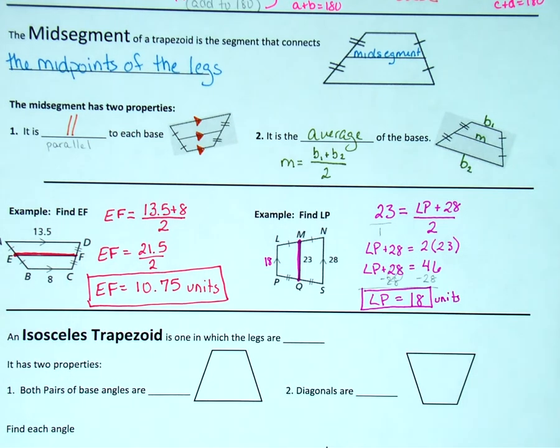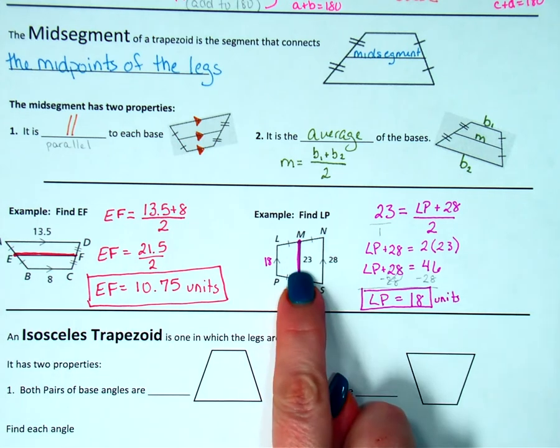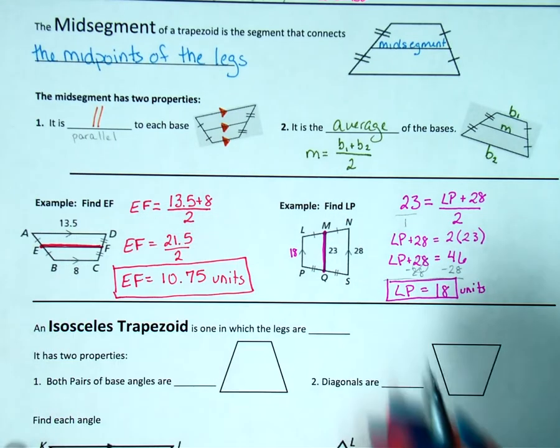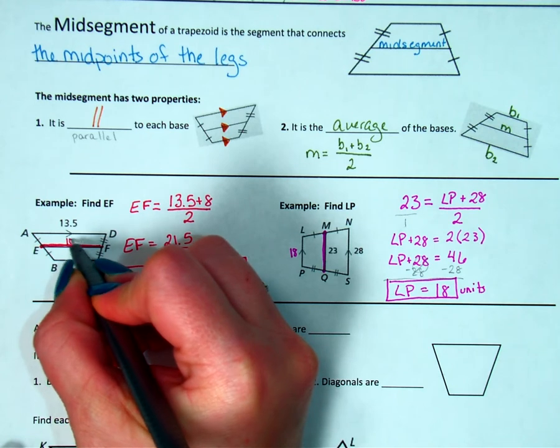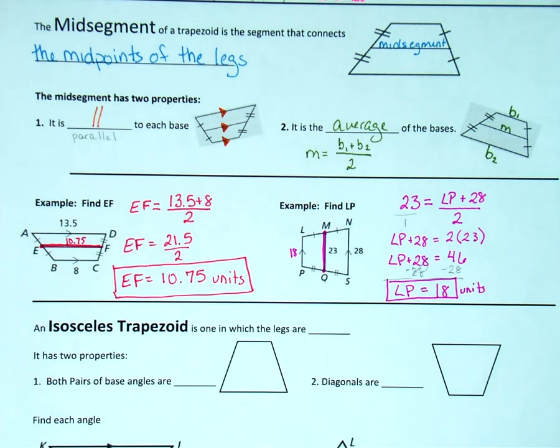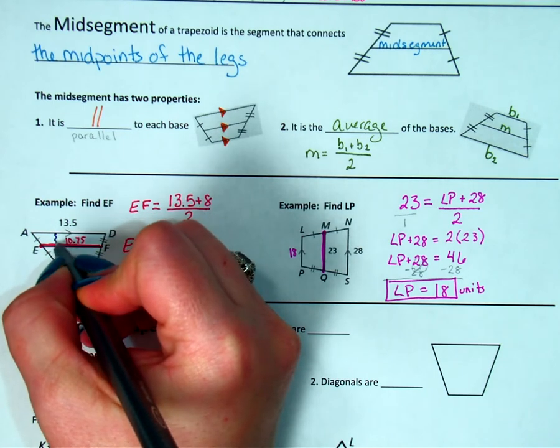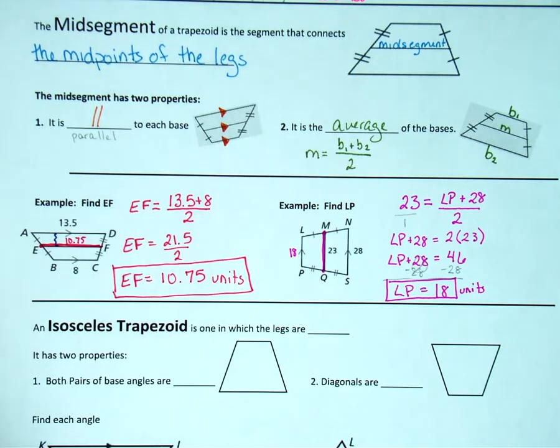Okay, so we looked at problems where we had our midsegment already given to us and we had to find the other base. And then we looked at one where we had the two bases and we had to find the midsegment. To check your work on these, remember that your midsegment, if it's the average, is exactly in the middle. So if you look at the difference, 13.5 minus 10.75 is 2.75.